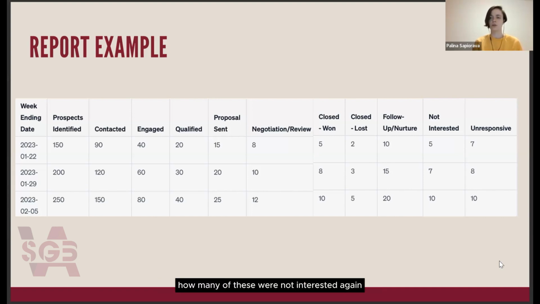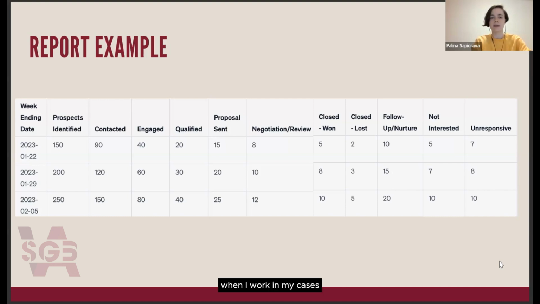How many leads were not interested? Again, all this information can be different in different cases. For example, sometimes it's more important to track how many people answered and what answers they gave you. Sometimes it actually depends on the wish of a client, what they want to hear from you.